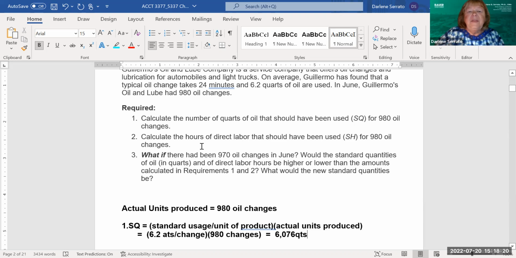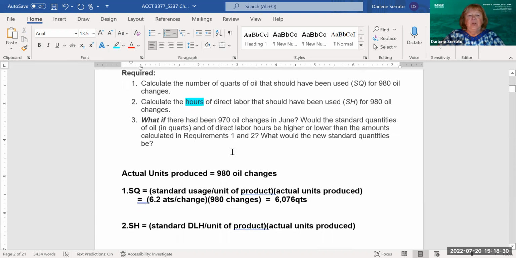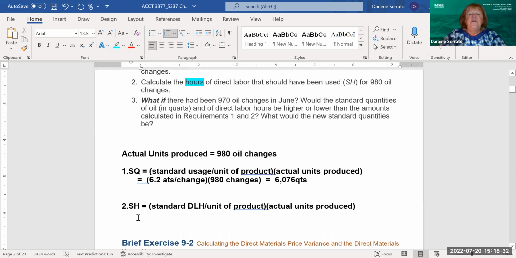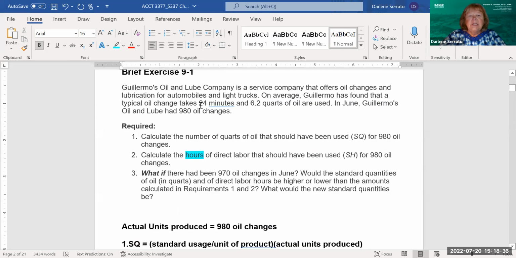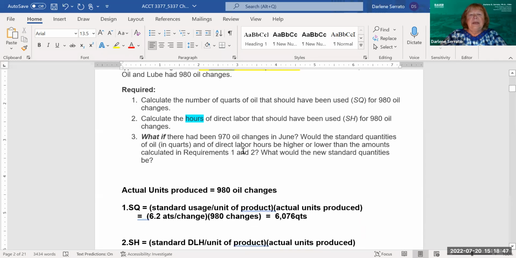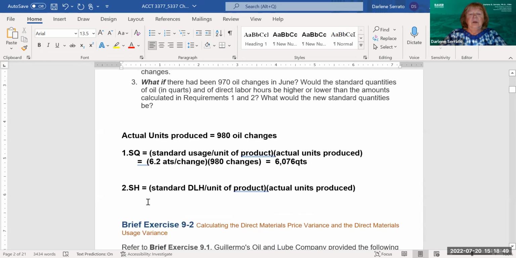Now calculate the hours. See this? It says hours of direct labor that should have been used for 980 oil changes. So the first thing I need to do is convert 24 minutes. These are my two standard usages. I need to convert 24 minutes into an hour.